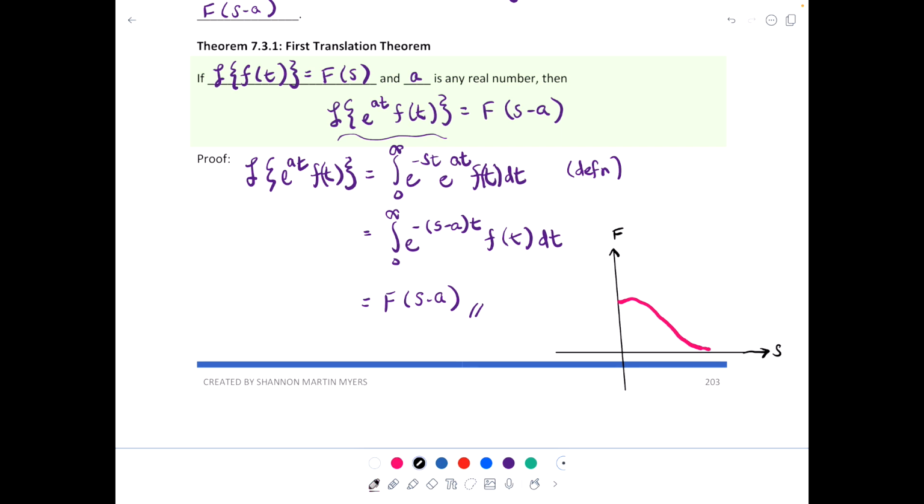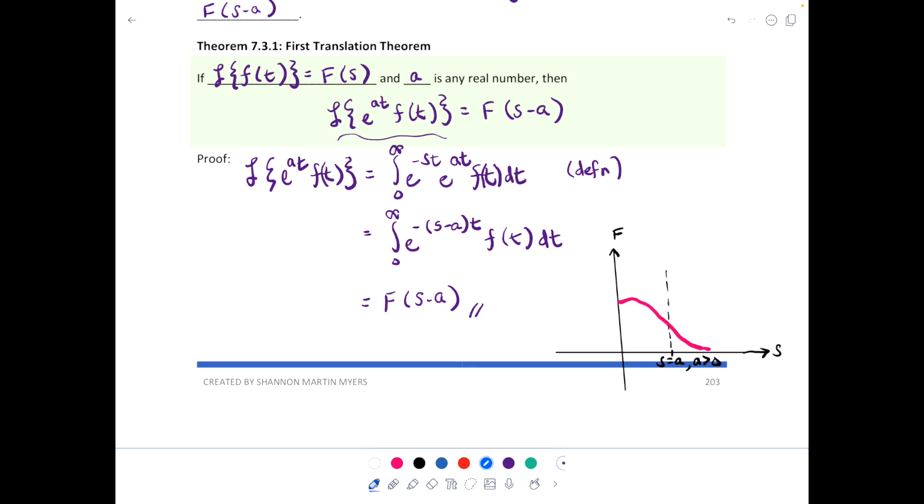And suppose that we have this line down here, which brings us to the domain value of s equal to a, where a is greater than 0.